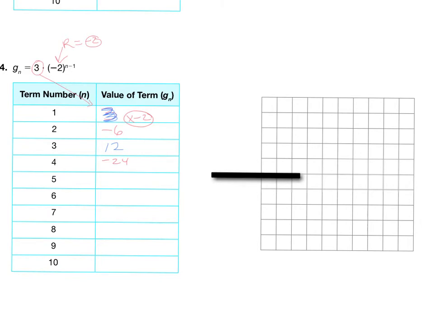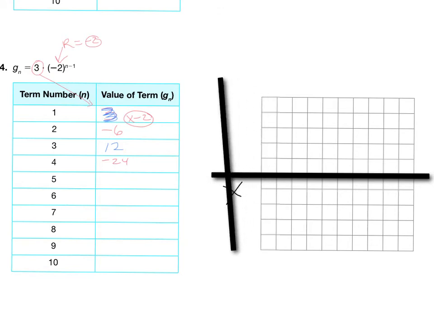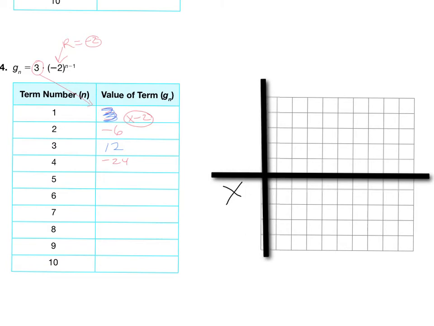Like this one be your x-axis. Okay, that could be your x right there, and then your y. Since it's starting at a positive number, maybe this guy over here. Can I move this? Yeah, look at that. That'll be the y.